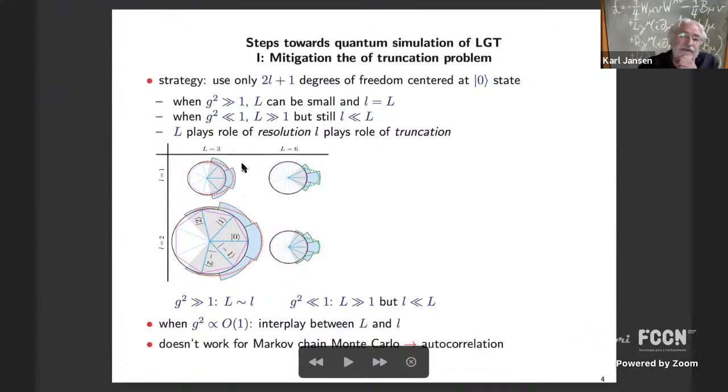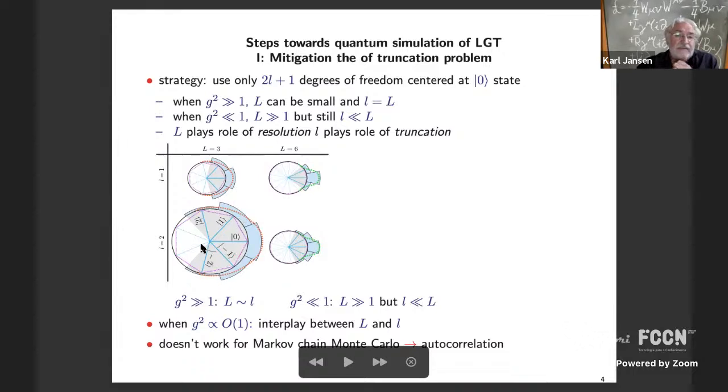This is illustrated here. When I'm at g squared much larger than 1, I can use capital L to be 3, and 2L plus 1 would be 7. I would have a rather coarse resolution, which is fine in that regime. And I can use small l to be, for example, 1, so I only take 3 of these elements into account.